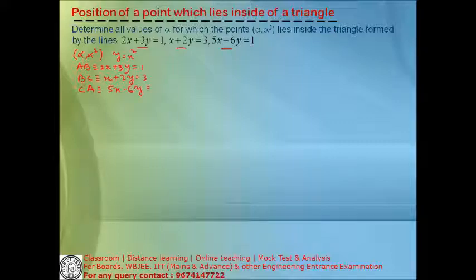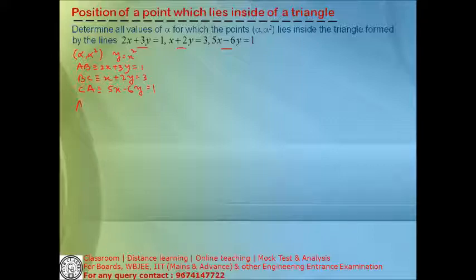Now to get the coordinates of the vertices A, B and C, we will solve these straight lines by taking them in pairs.